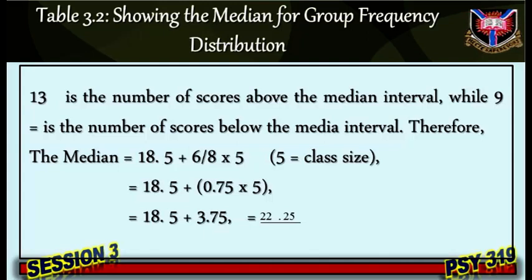Therefore, the median is equal to 18.5 plus 6 over 8 times 5, where 5 is equal to class size, in bracket, is equal to 18.5 plus 0.75 times 5, in bracket, is equal to 18.5 plus 3.75 is equal to 22.25.